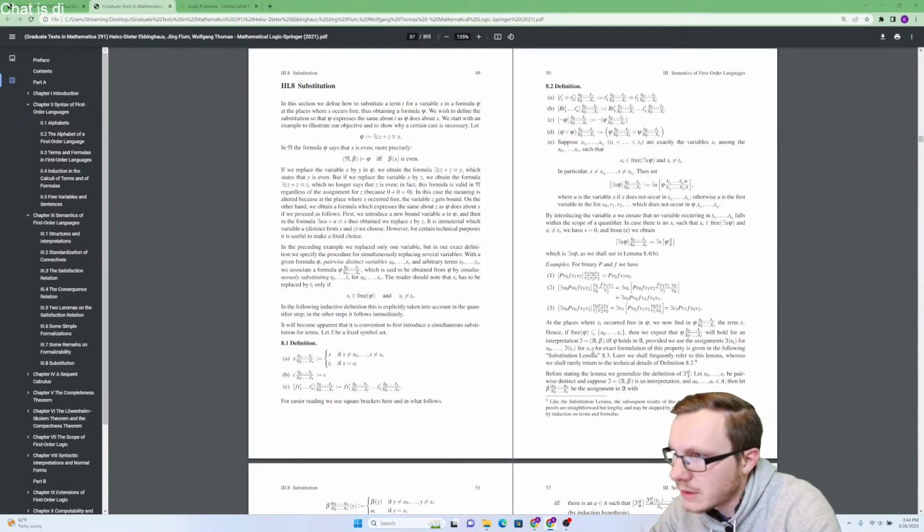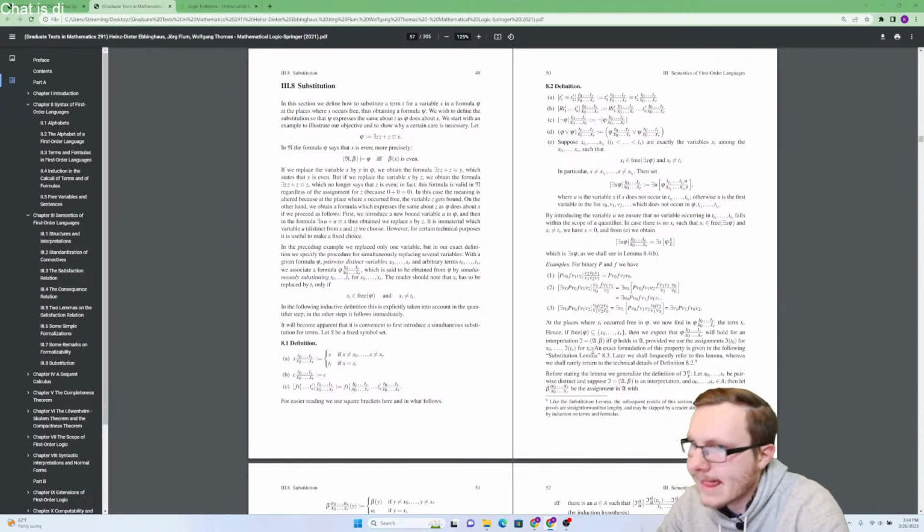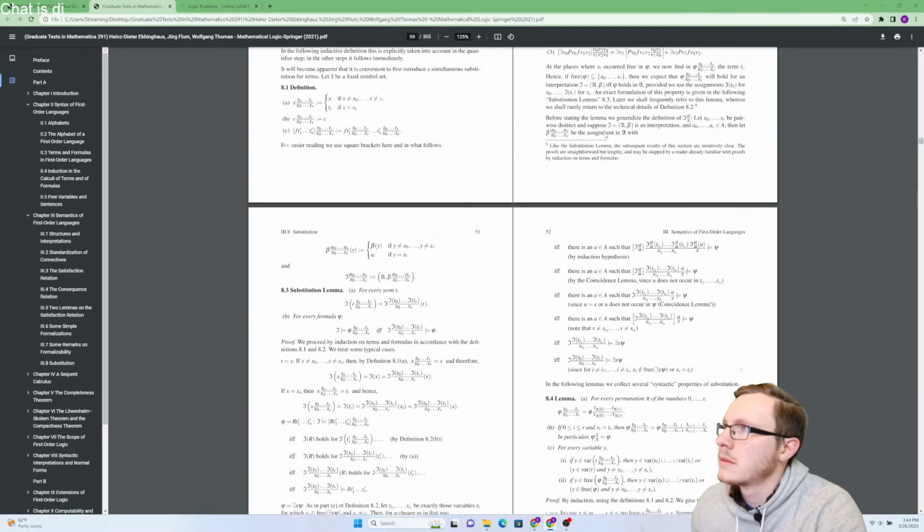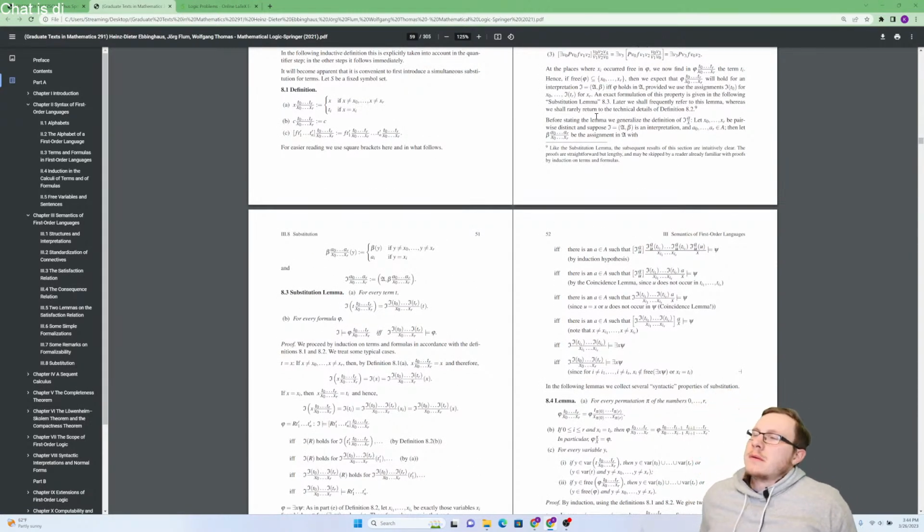Okay, it says they do it in 8.3. So substituting variables for constants.